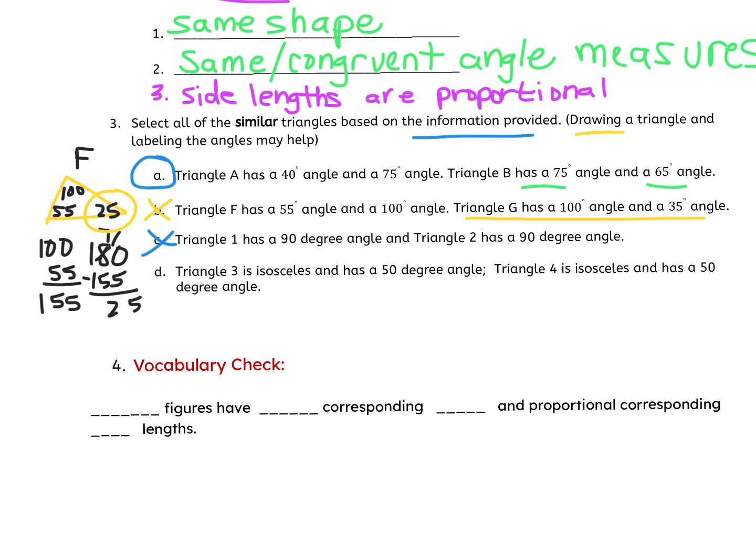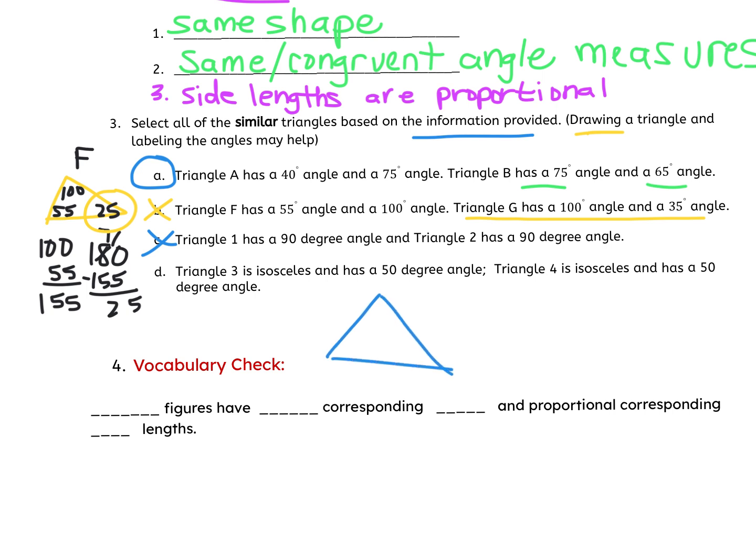And then finally, triangle 3 is isosceles and has a 50-degree angle. Triangle 4 is isosceles and has a 50-degree angle. Oh, okay. Let me think about this. Isosceles means two angles are the same.